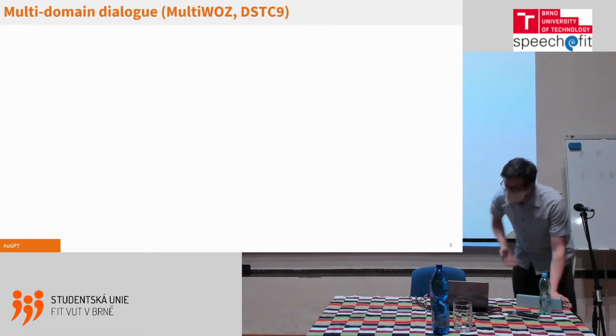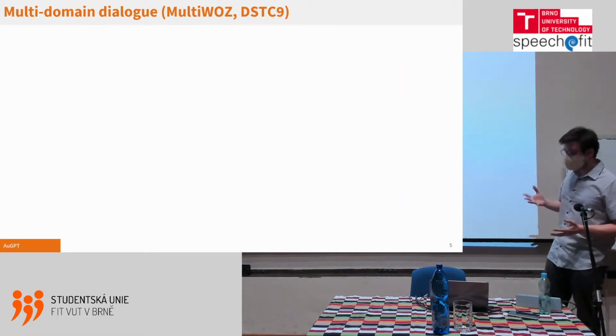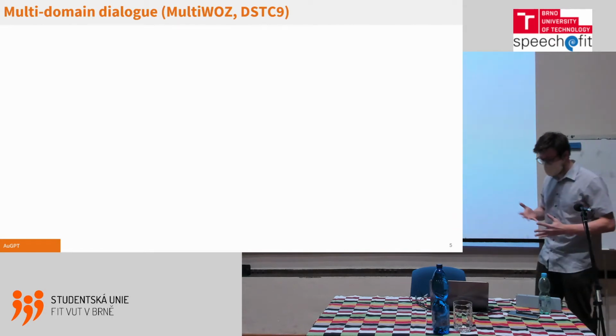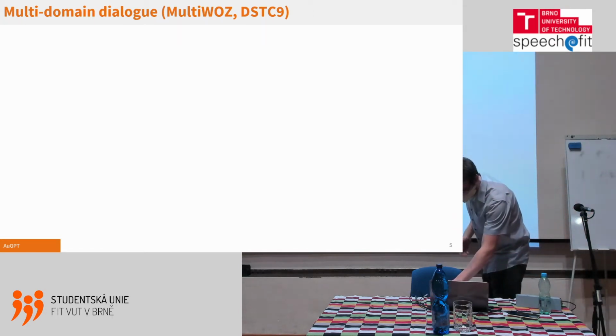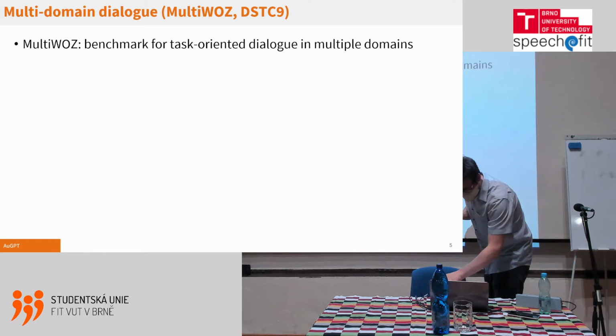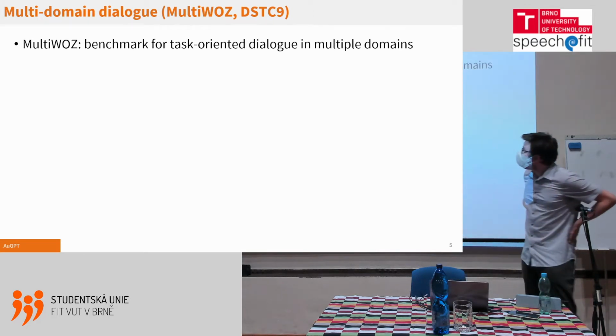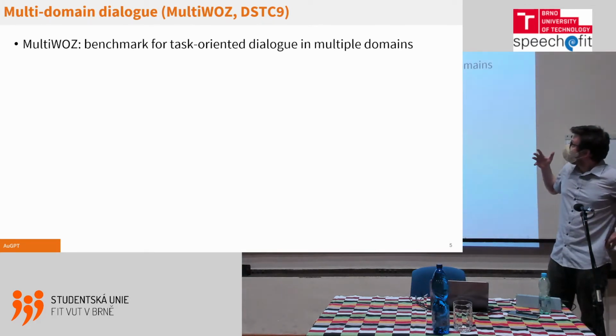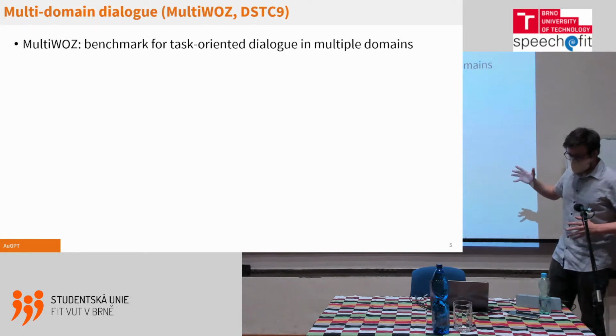Now let's have a look at the actual task, or how you frame the whole thing with dialogue. There's a benchmark called MultiWOZ for task-oriented dialogues in multiple domains. What do I mean?